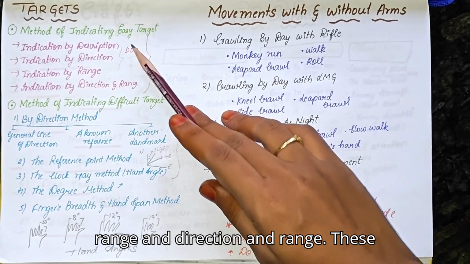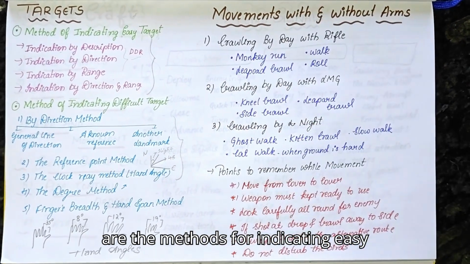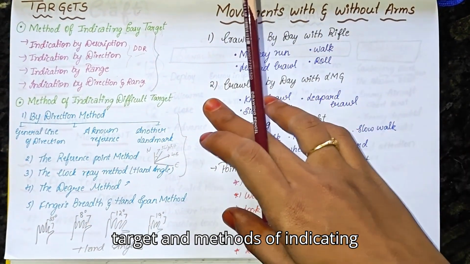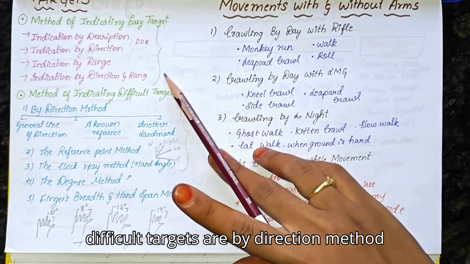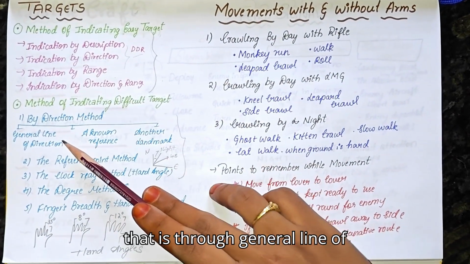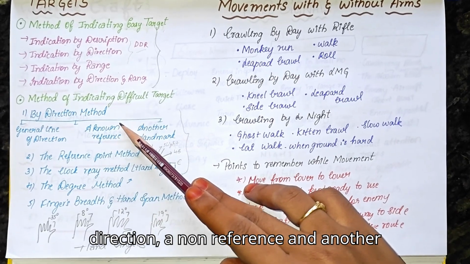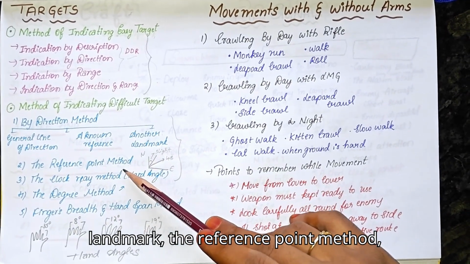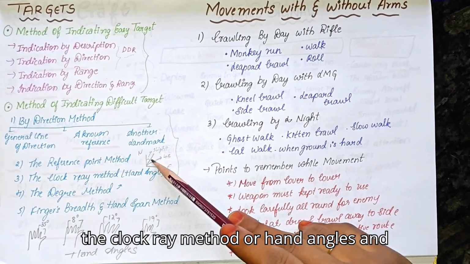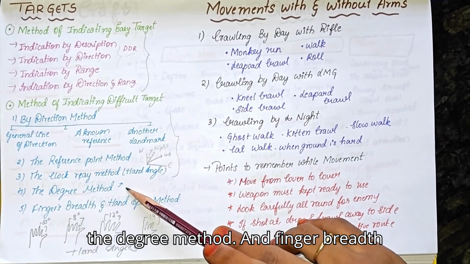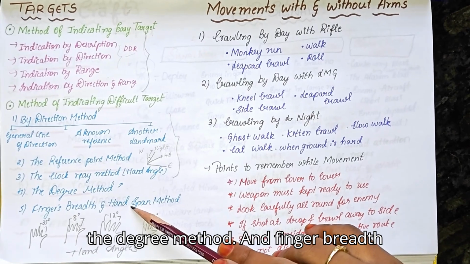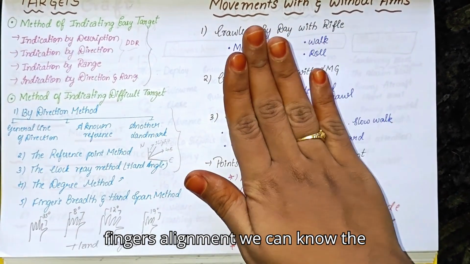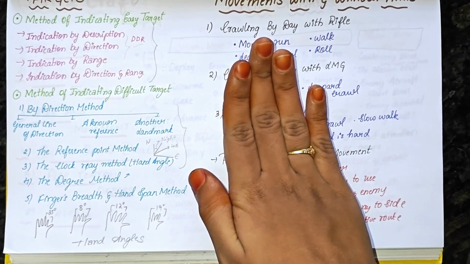These are the methods for indicating easy targets, and the methods of indicating difficult targets are by direction method, that is through general line of direction, a known reference and another landmark, a reference point method, the clock ray method or hand angles, and the degree method, and finger breadth and handspan method. Based on the fingers' alignment, we can know the angles.